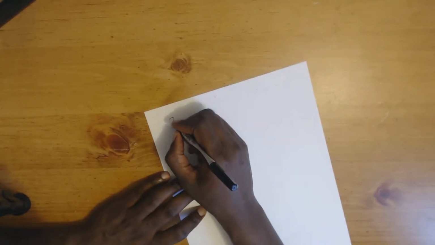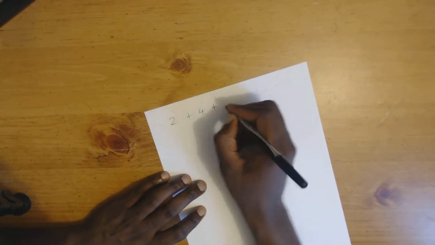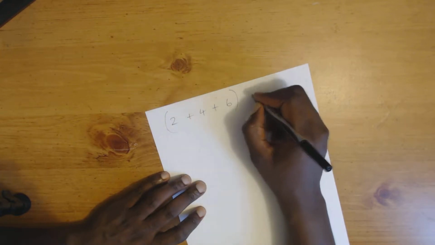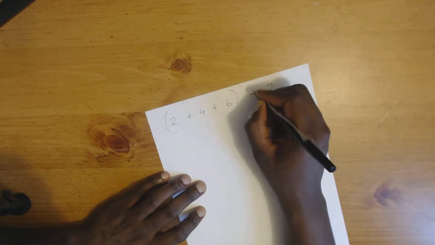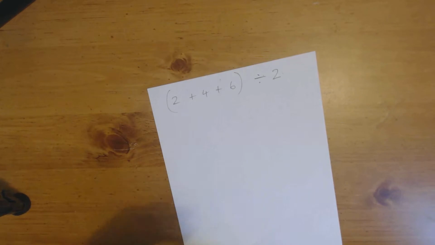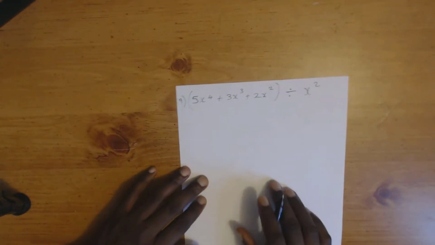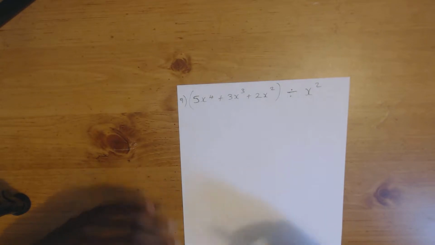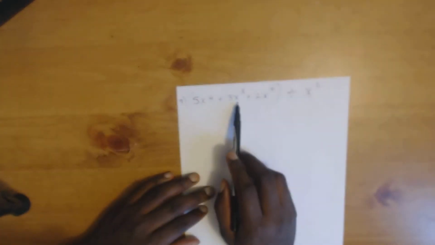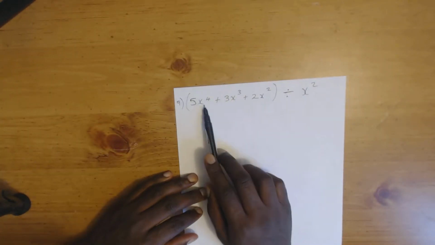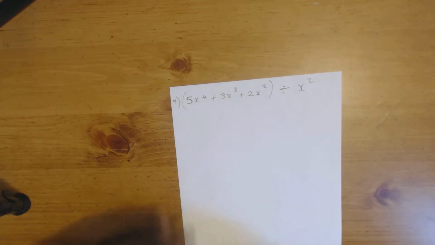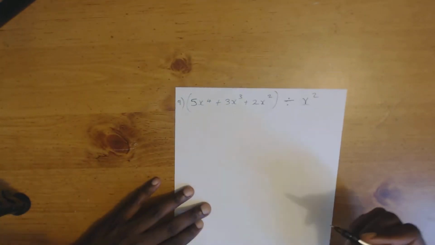Let's say we had 2 plus 4 plus 6 divided by 2, and this is the arithmetic version. All right, and remember, algebra is just arithmetic with variables. So that's why we have the x or the y or whatever the variables are.